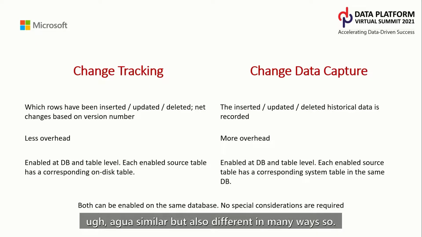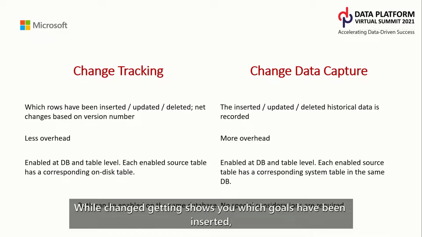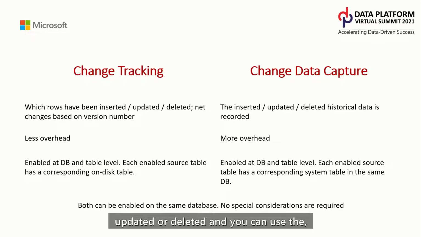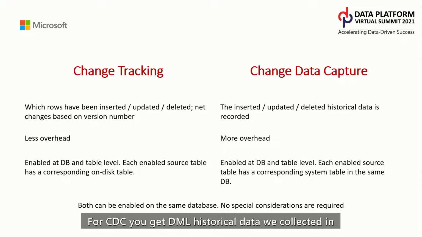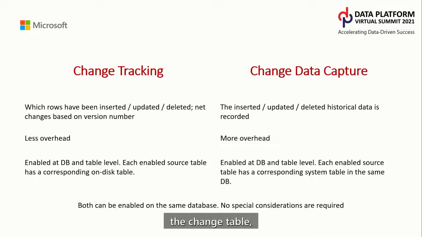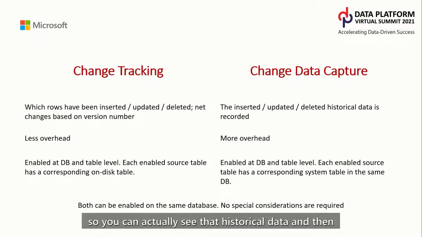So while change tracking shows you which rows have been inserted, updated, or deleted, and you can see the net changes based on the version number, for CDC, you get DML historical data recorded in the change table. So you can actually see that historical data, and then you can take the data with query functions, consume it, and send it to other external environments.